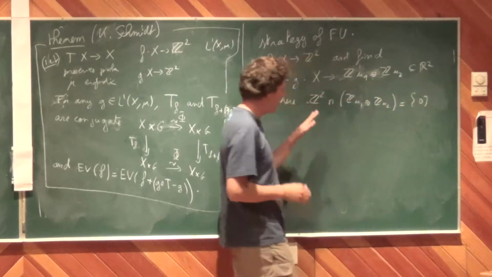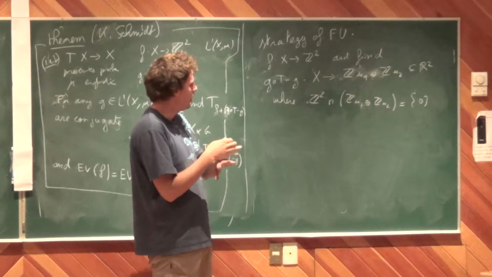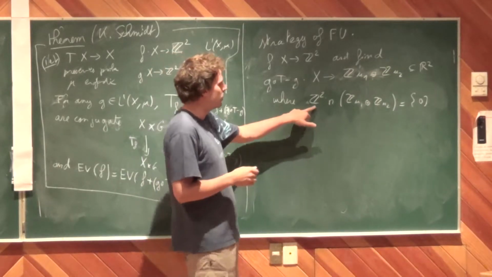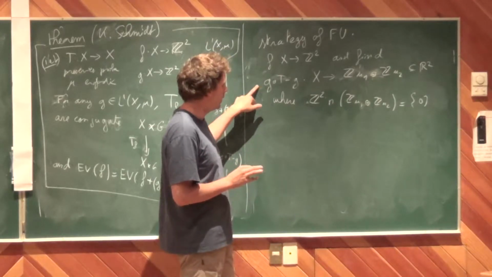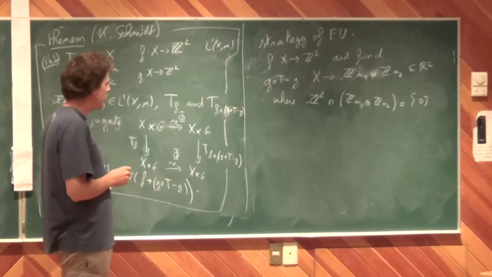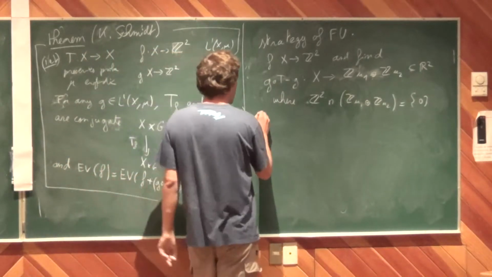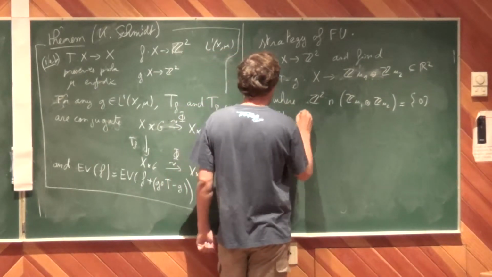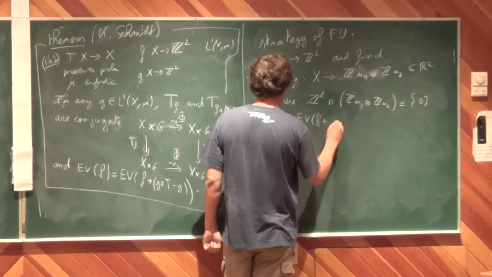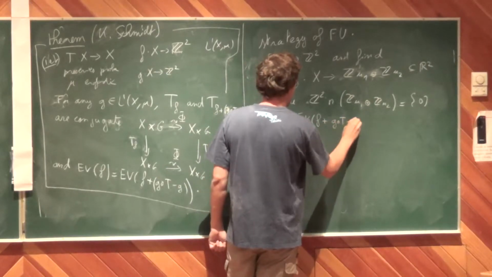So you have another lattice, but which is completely irrational with respect to the first one. So if you manage to find that, and you apply that, what you get is that the set of essential values of f is equal to the set of essential values of that thing.